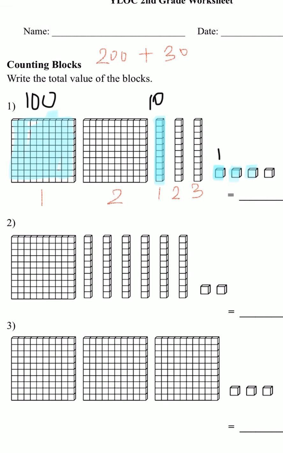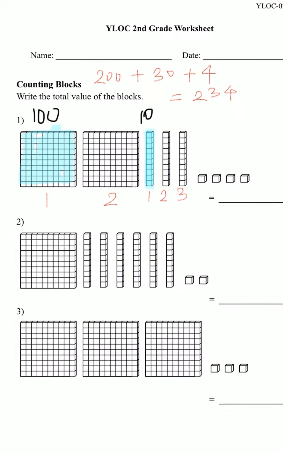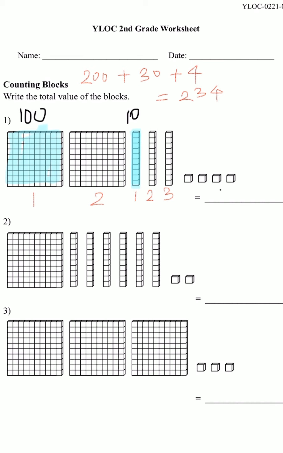And 1, 2, 3, 4, 4 ones. So that would be 200 plus 30 plus 4, which equals 234. So the answer for number 1 would be 234.